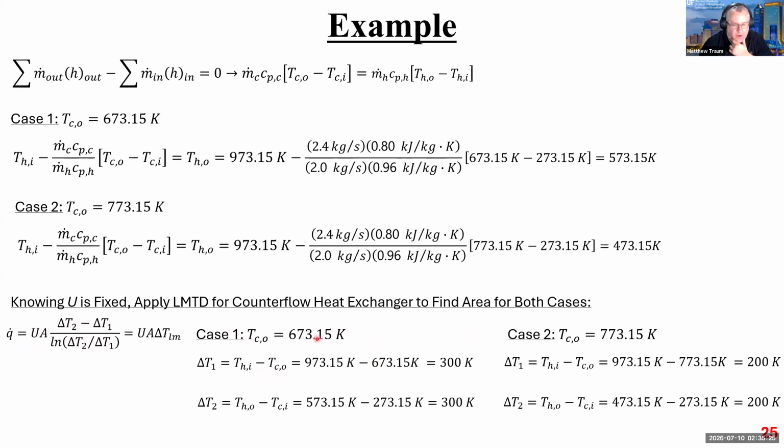So for case one, I'm going to plug in the 573 that I found for TH out. Right, so here it is, TH out, 573. So I get 300 Kelvin there. And then for TH in minus T cold out, delta T1, I also have 300 Kelvin.